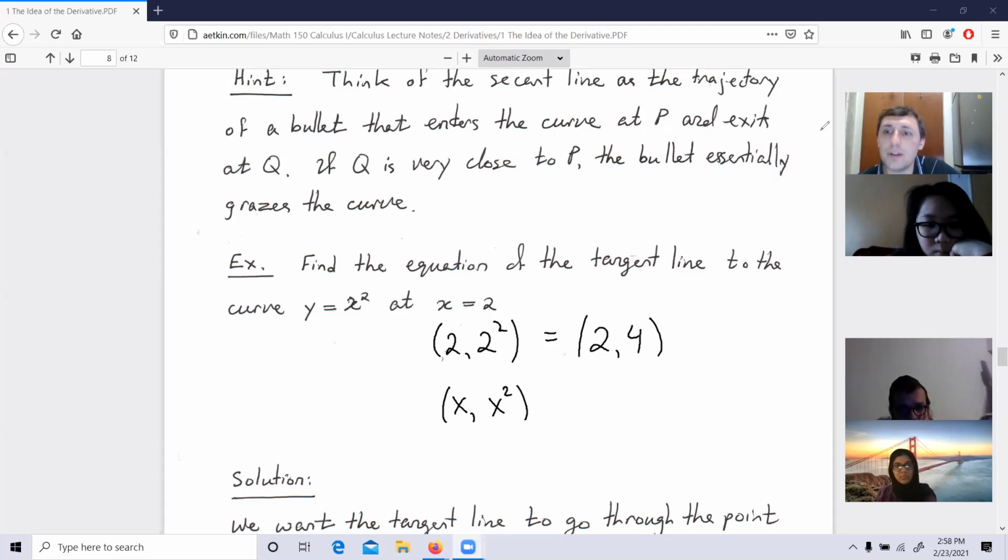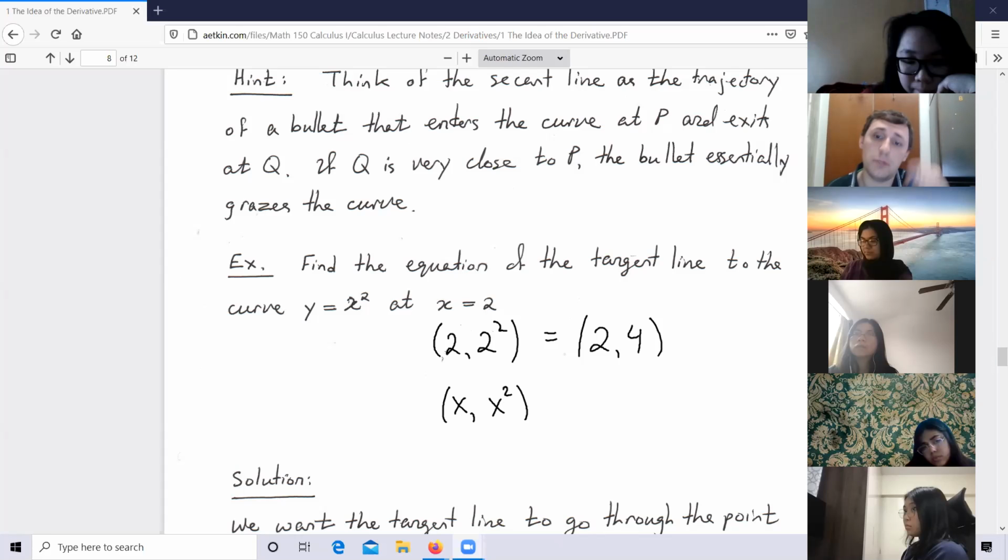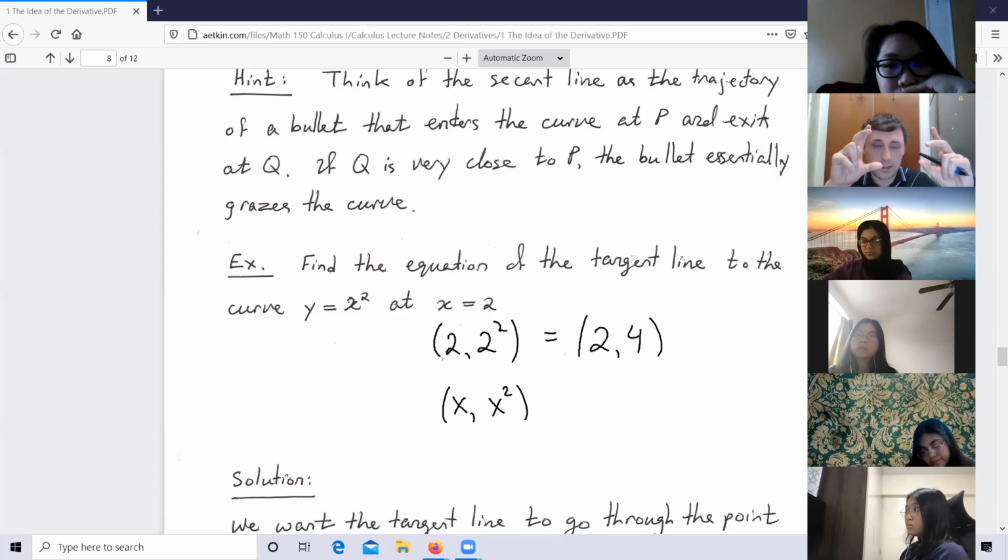Do you understand, guys, what the equation y equals x squared means? It's very simple. It means that if you have a pair of coordinates, the second coordinate is the square of the first. Okay, guys, x is a myth. There is no such thing as an x. It just means that we have points of the form number is the first coordinate, and the second coordinate must be that number squared. When I say y equals x squared, I'm saying the points lying along this curve are of the form number, comma, number squared.